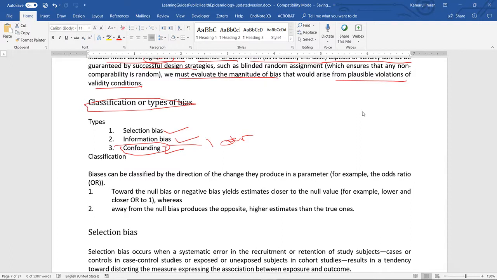So bias can be classified by the directions of the change they produce in parameter, okay, towards the null bias or negative bias. Away from the null bias produces opposite higher estimates than the true ones.